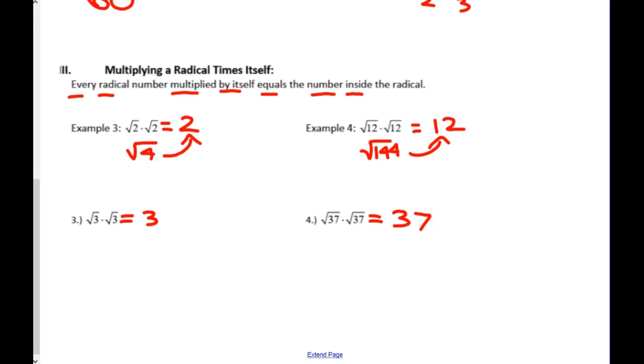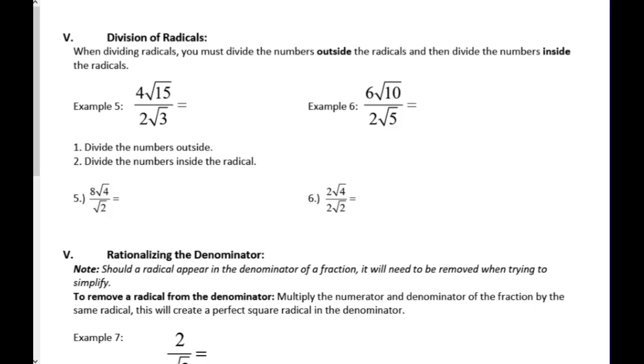Okay, next page. Dividing. Now dividing radicals is like multiplying radicals. Outside, outside, inside, inside. Dividing radicals, you must divide the numbers outside and divide the numbers inside. So let's do that. What's on the outside for example 5? 4 over 2.